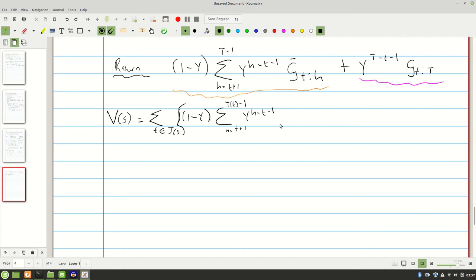Let me use a different color for this so that we can track things much more clearly. Let's use orange. We're going to have our importance sampling ratio from t up to h minus 1.